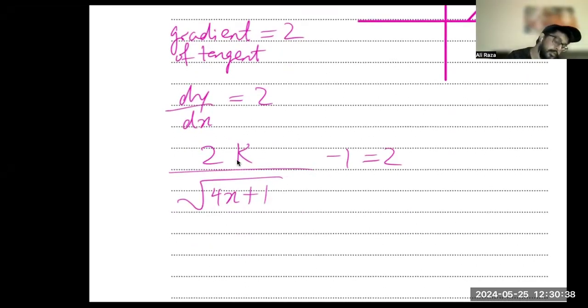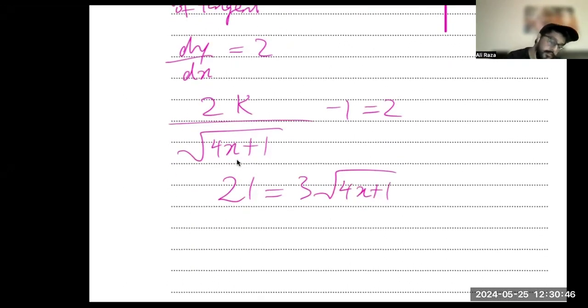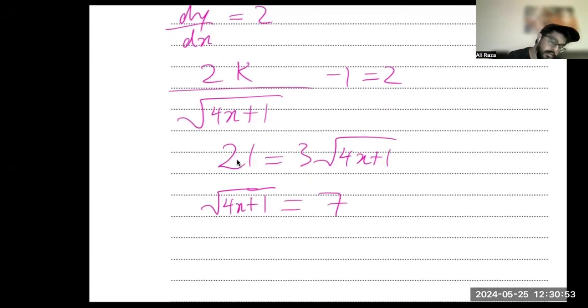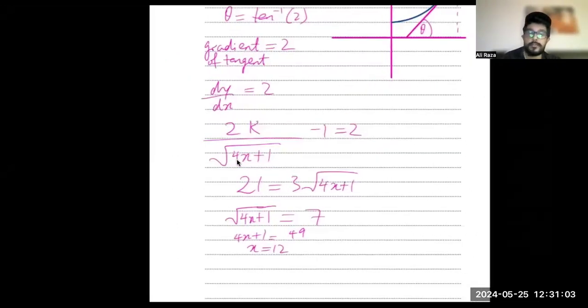We plug that in over here. So we get 21 is equal to 3 root 4x plus 1. Root 4x plus 1 is equal to 7. We square both sides. We get 4x plus 1 is equal to 49. And we get x as 12 over here.